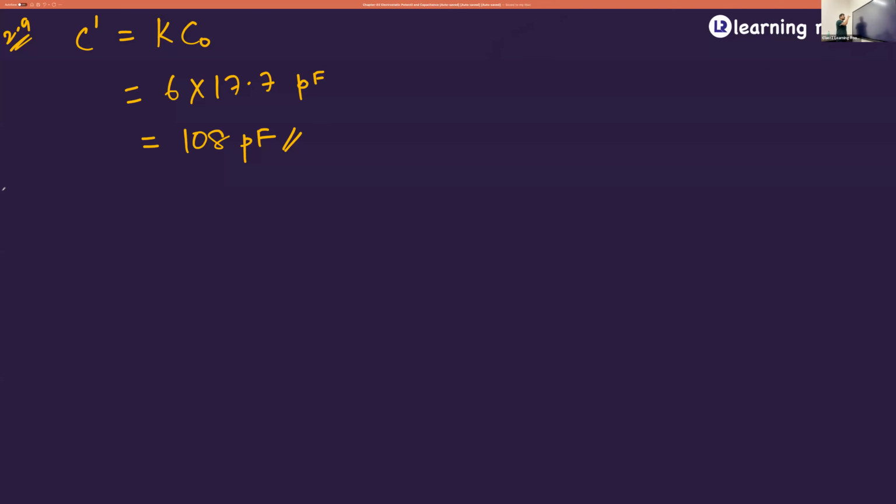Now, when the battery is disconnected, what will be the new potential? It will be 100 by 6. What is 100 by 6? 16.7 volt. Correct only, no? Yeah, 16.7 volt.